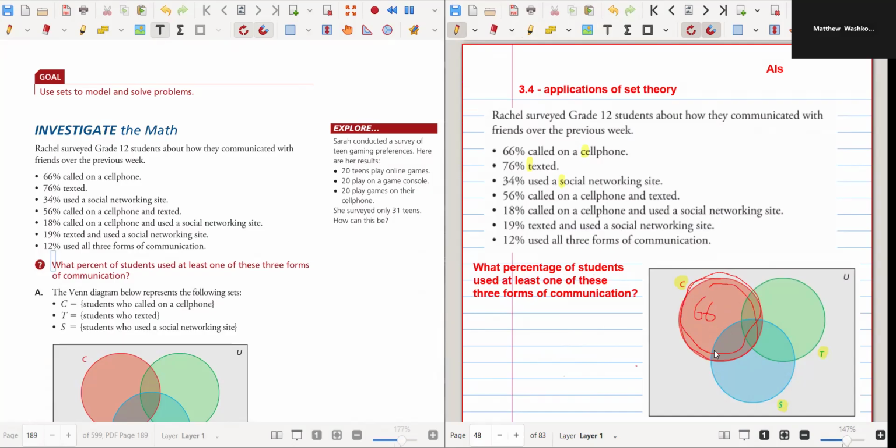That said, 66 is not going to be this number here, because remember, 66 is the whole circle, and I've got this part, this part, and this part. I have the teens who use a cell phone and text, teens who use a cell phone and social media, and teens who use all three. All of those are encompassed in that 66, right? That's what we learned earlier.